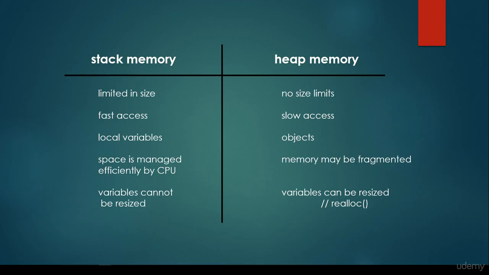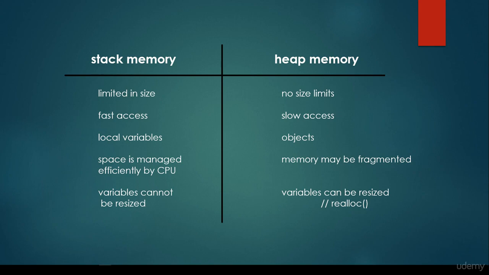We usually store local variables on stack memory, no matter whether it is a primitive type or a custom object. It means that we store local variables in stack memory. And we store objects and basically field variables in heap memory.